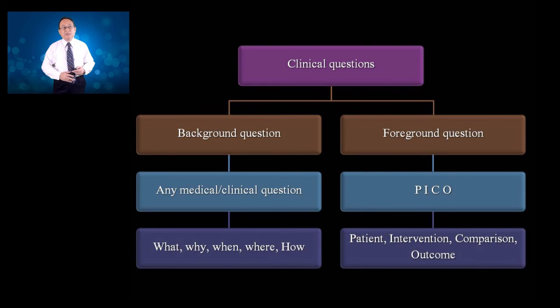What does a foreground question mean? It has to be divided into PICO. PICO means P is patients, I is intervention, C is comparison, and O is outcome.